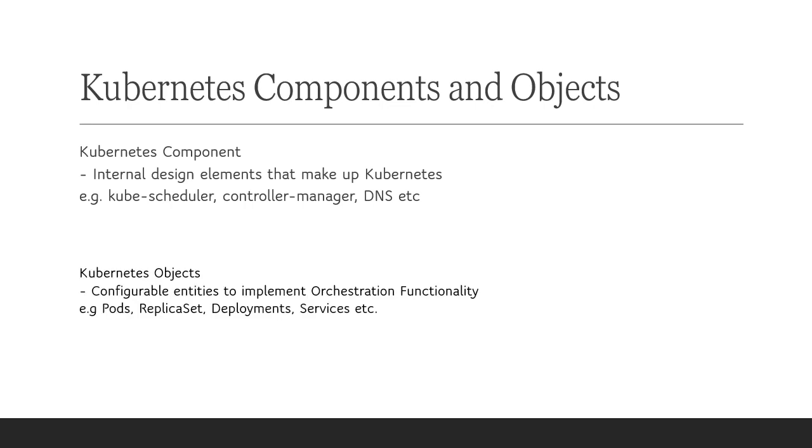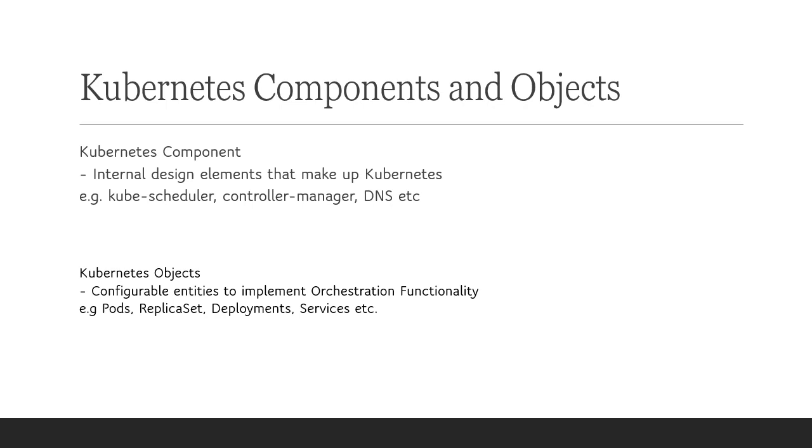Whereas when we say Kubernetes objects, we mean different configurable entities that Kubernetes operates on to achieve container orchestration. Examples of Kubernetes components are the Kubernetes scheduler, the Kubernetes controller manager, DNS, etc. Whereas examples of Kubernetes objects are pods, replica sets, deployments, services, etc.